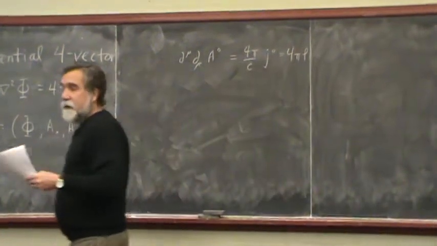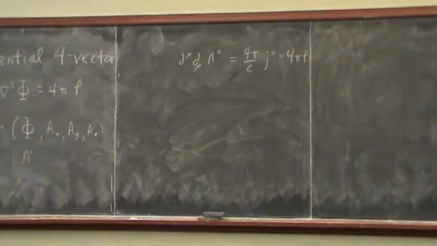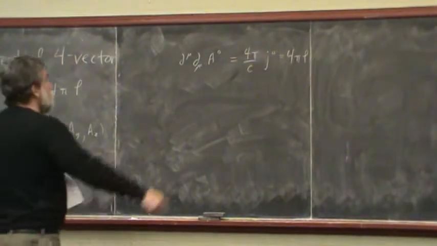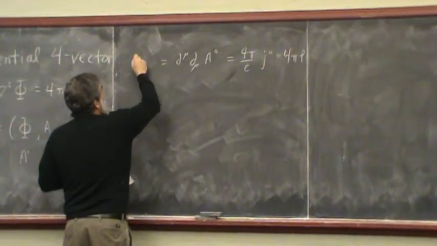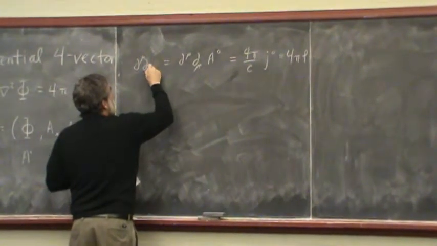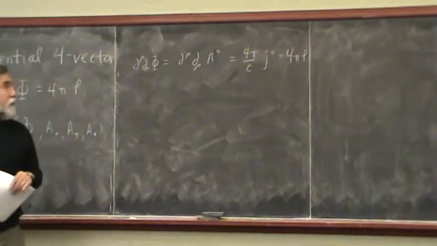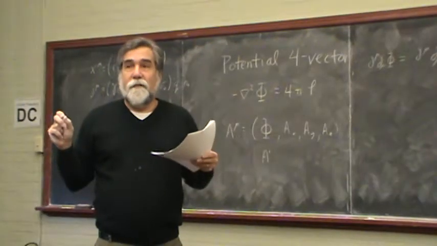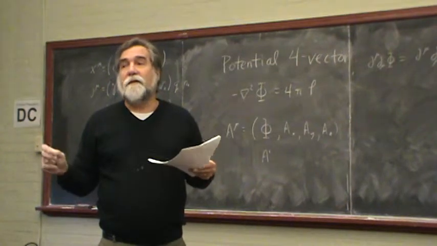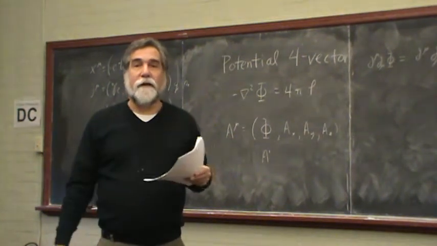So the Laplacian operating on the potential, I'll write that over here, mu 5, because I'm going to get A naught to be 5, does give me 4 pi rho. Okay, so we've got the physics of Gauss's law and the Laplacian operating correctly.